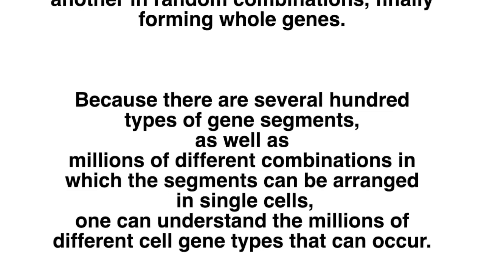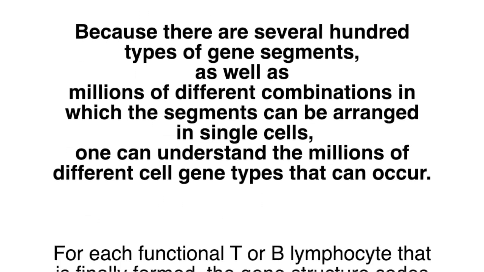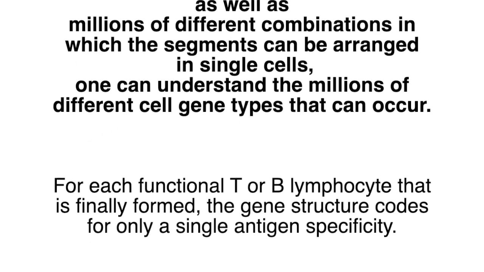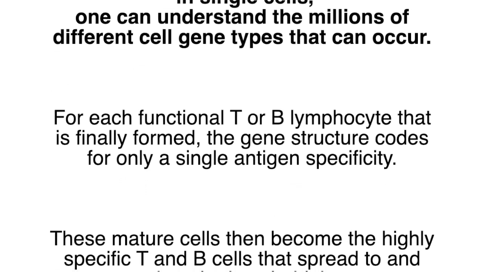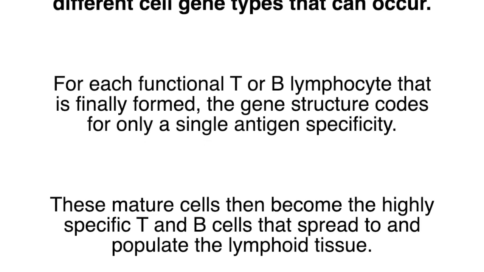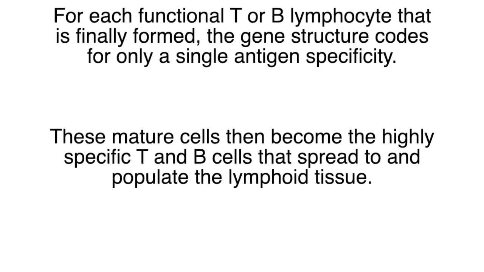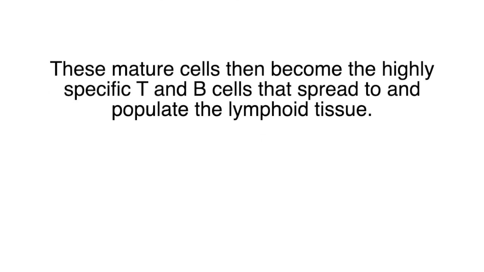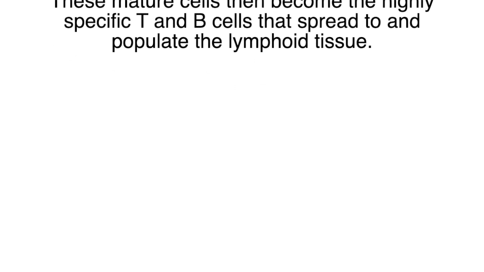Because there are several hundred types of gene segments, as well as millions of different combinations in which the segments can be arranged in single cells, one can understand the millions of different cell gene types that can occur. For each functional T or B lymphocyte that is finally formed, the gene structure codes for only a single antigen specificity. These mature cells then become the highly specific T and B cells that spread to and populate the lymphoid tissue.